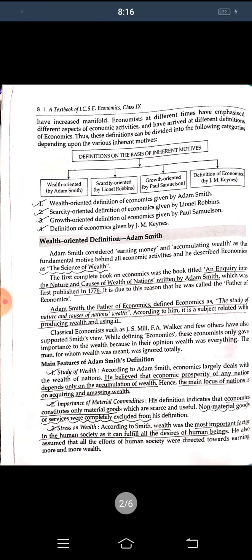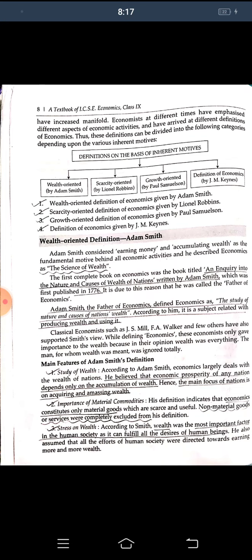As you can see on this page, there are 4 types of definitions provided to us by great economists. Number 1 is Adam Smith. Adam Smith defined economics keeping wealth-oriented motivation in mind. Next is Lionel Robbins.